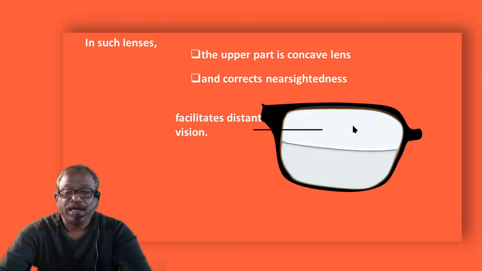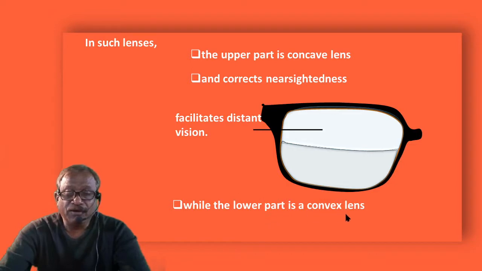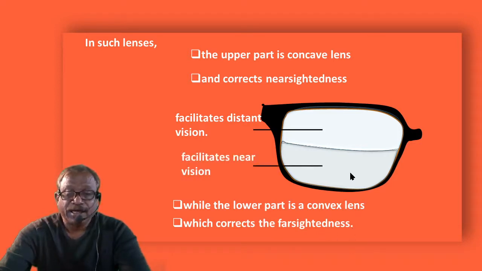We see the object at long distance from this section. While the lower part is a convex lens, which corrects the farsightedness. So we see the near object from this portion. In this way, both lenses are assembled in these spectacles. We call them bifocal lenses.